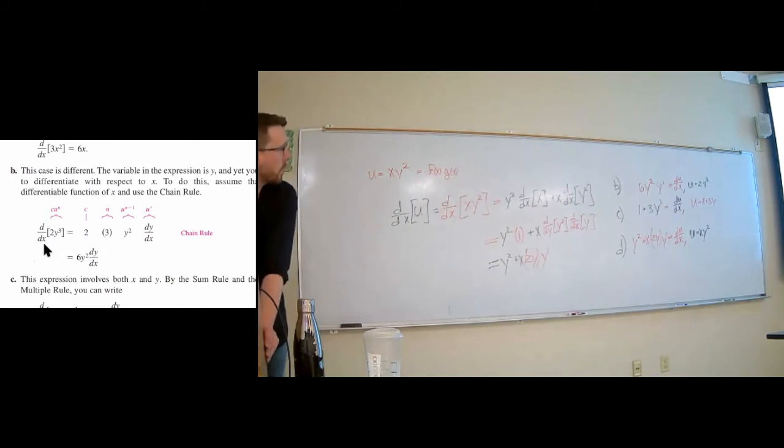So this is where we need to use the chain rule. Applying the chain rule, we got 2 times 3 times y squared dy dx. So what is happening here? Well, this is the derivative with respect to y. And this is the derivative of y with respect to x.